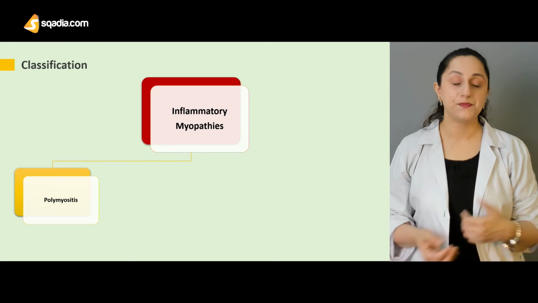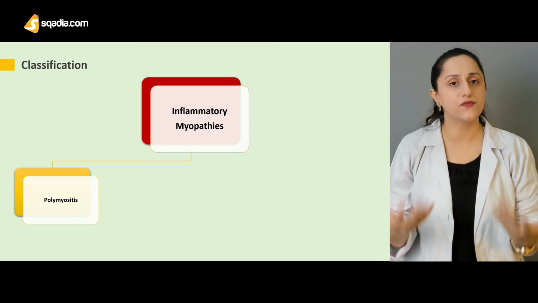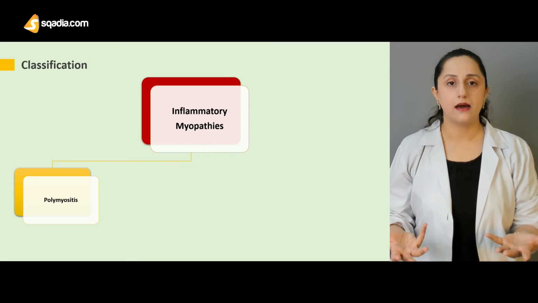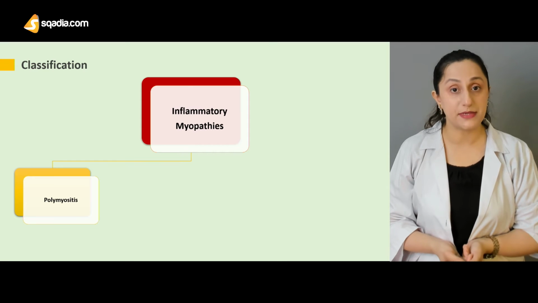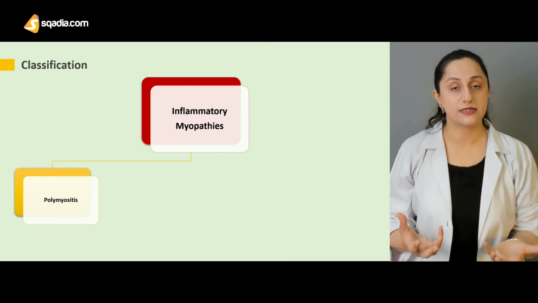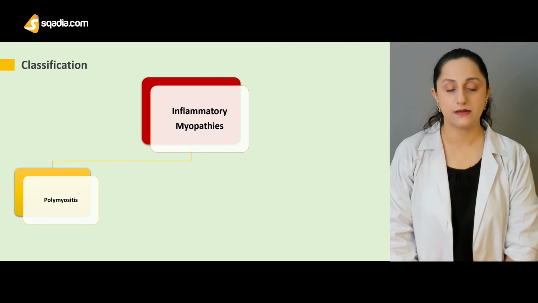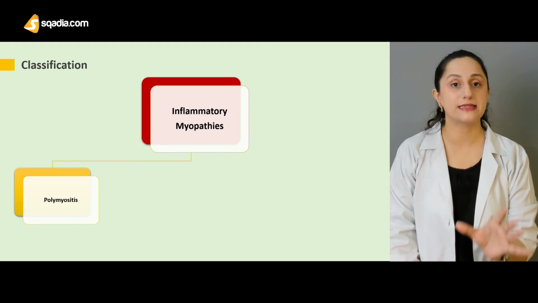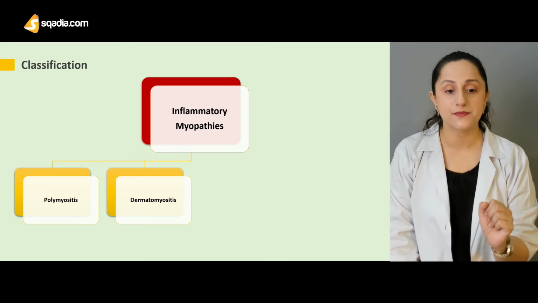He or she doesn't have any other associated signs and symptoms. And then obviously we look into the triggering factors that can contribute towards the development of this polymyalgic condition that is basically known as polymyositis. So this is the basic definition, or the basic clinical presentation, associated with polymyositis.